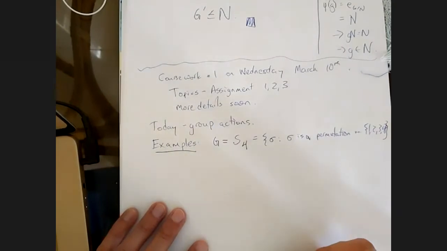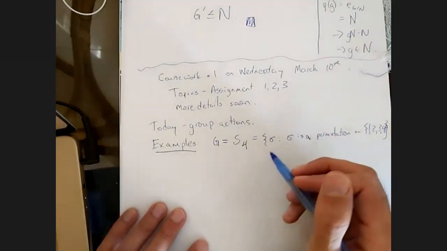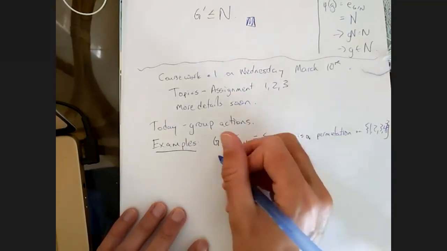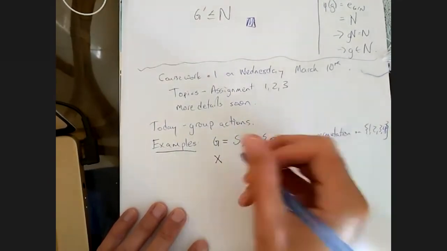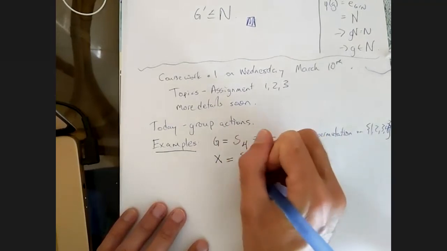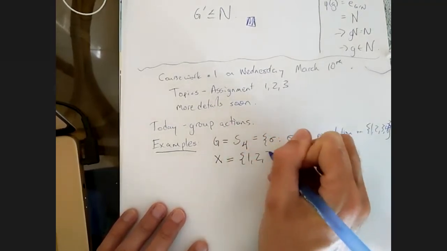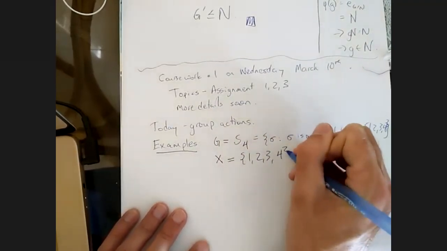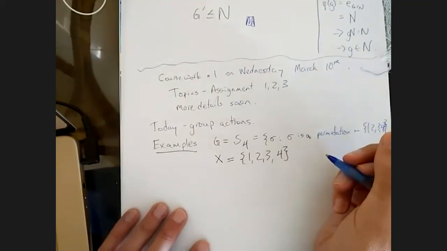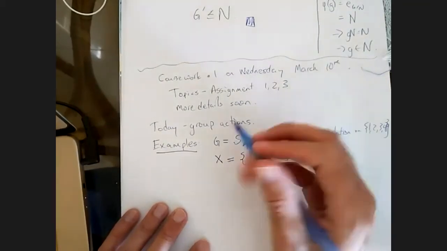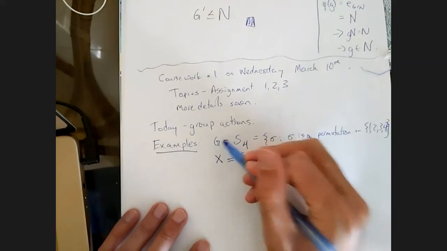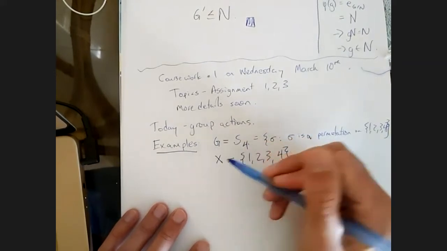Whenever we talk about group actions, we have a group and we have a set, and the group does stuff to the set. So my set is going to be 1, 2, 3, 4. And I have to explain how S4 acts on X.